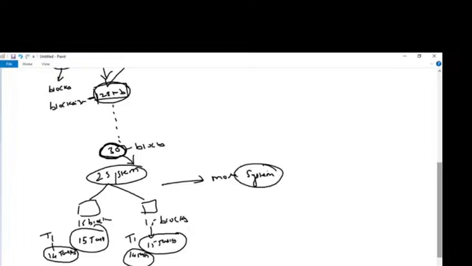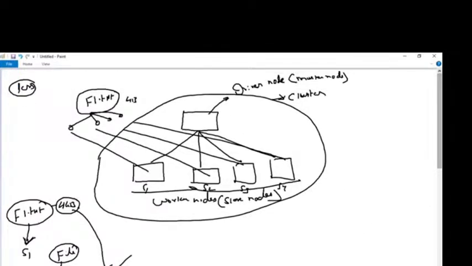More worker nodes. Whenever I say systems, you say worker nodes, or we say slave nodes. Understand here? Whenever we say cluster, one will be the driver or the master, and the remaining all will be the slave nodes.